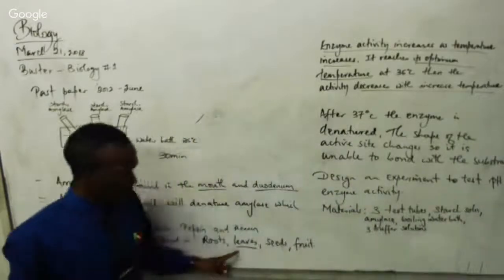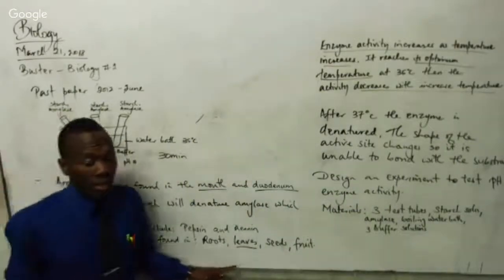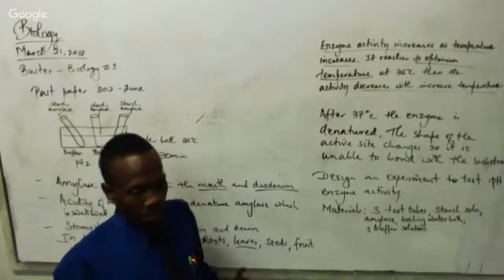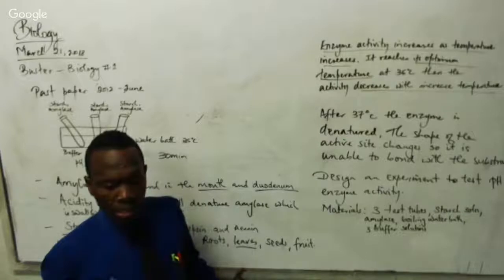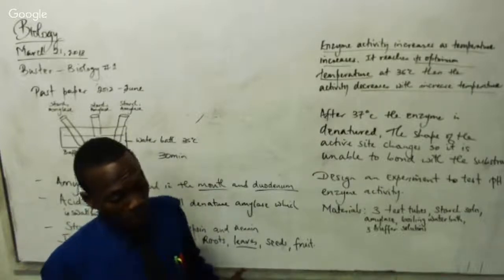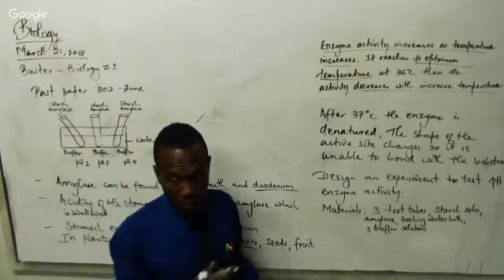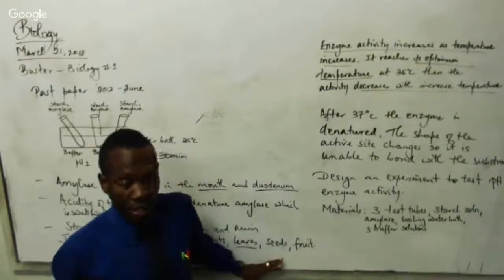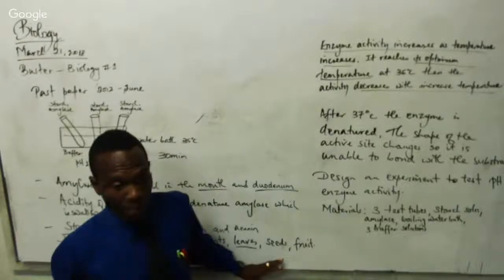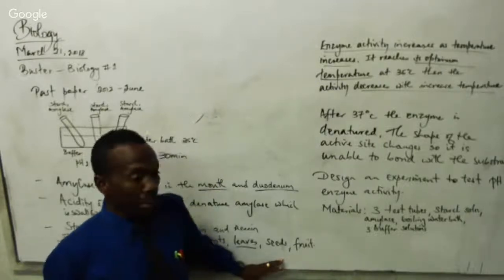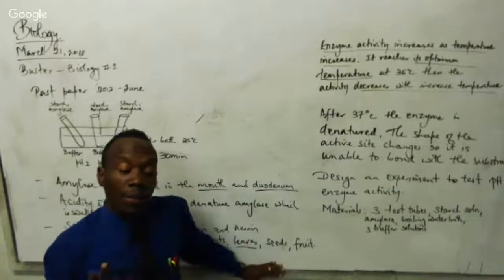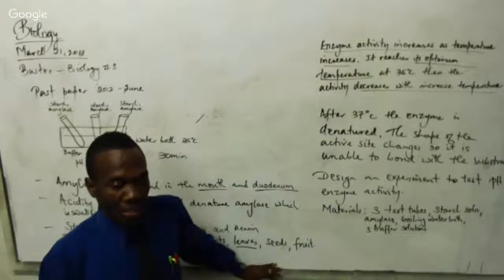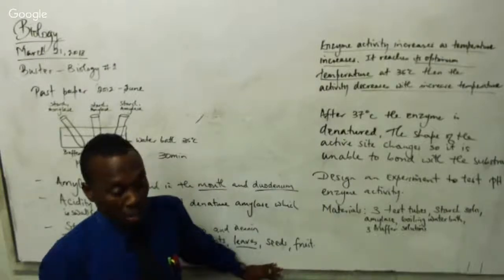So leaf has starch grains, and these starch grains can be converted to maltose and then sucrose, because you know that maltose and sucrose have the same chemical formula. It's just their structure is different. And in the seed, the cotyledons, they are starch. And in order for the embryo to utilize the nutrients from the starch grains, it needs the enzyme amylase to break down the starch so that it can be utilized.